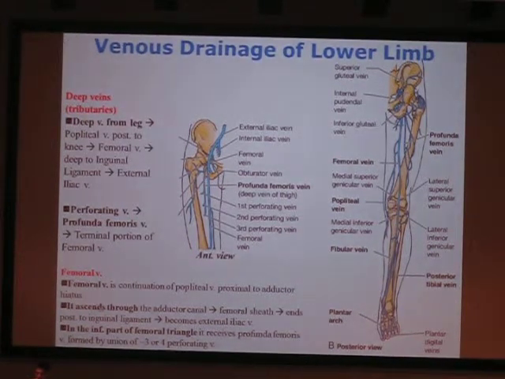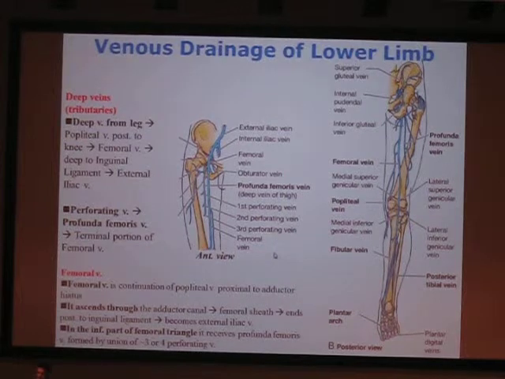I think that this right here will become clear a little bit later in the lecture. But what I do want you to appreciate directly right now from this particular picture is that the femoral vein is in this inferior area of the femoral triangle, and that's where it receives this profunda femoris vein.